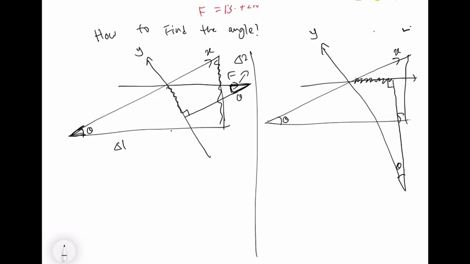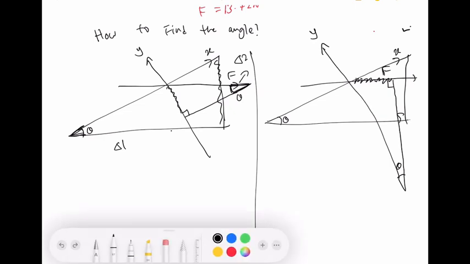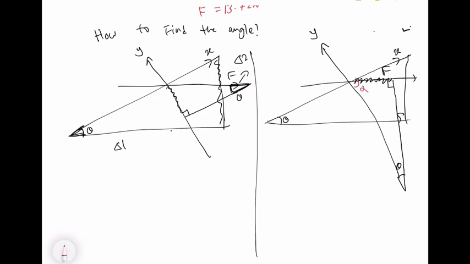Well, if I were to do this, my F is right here, and I can't really see clearly how I would project my F onto this part. How I would normally do that is assign a new variable for the angle, let's say alpha.